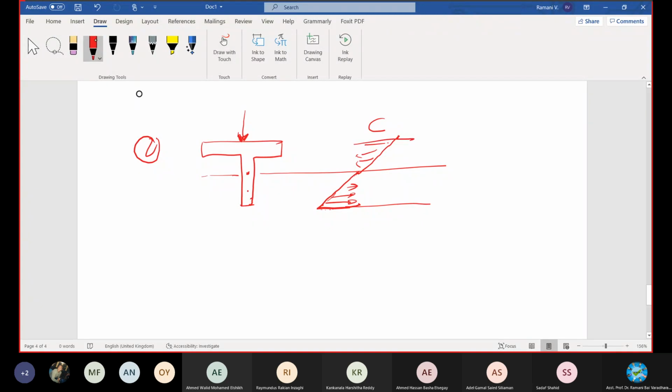It will be something like this, smaller, and this will be the bigger one. This will be subjected to tension, this to compression. I stop here. Any question you can ask me, otherwise we'll continue in the next class. I have to leave for another class.